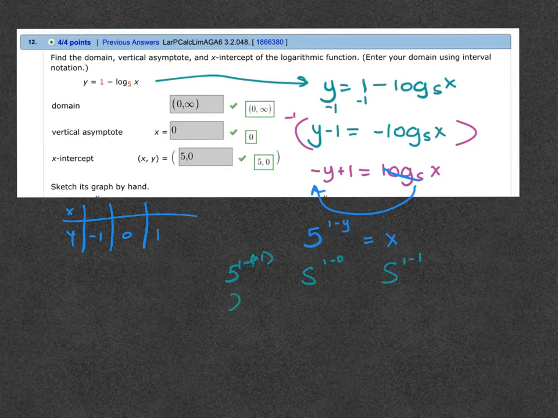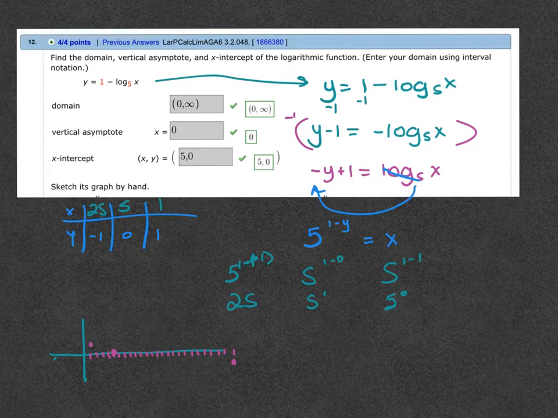So this becomes 5 squared, or 25. This becomes 5 to the first, or 5, and this becomes 5 to the 0, or 1. So when I go to plot my curve, 25, -1 is there, 5, 0 is there, 1, 1 is here.